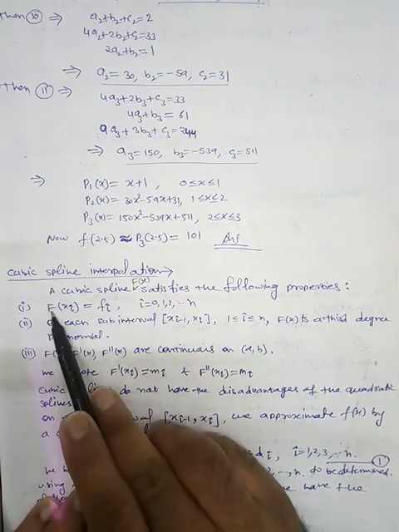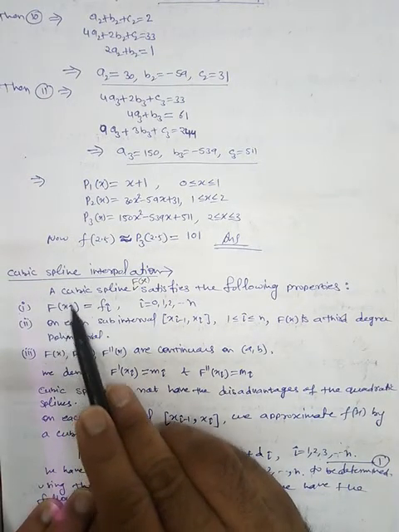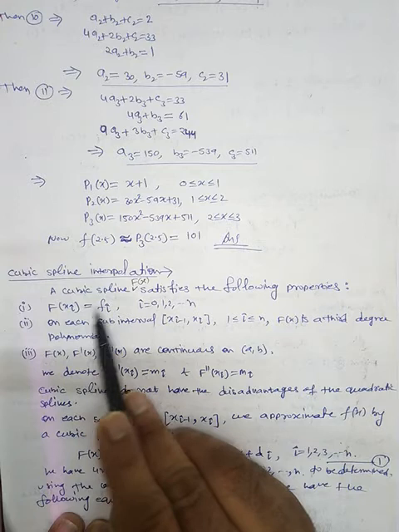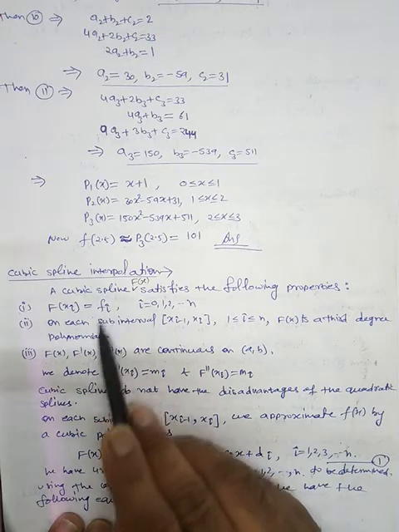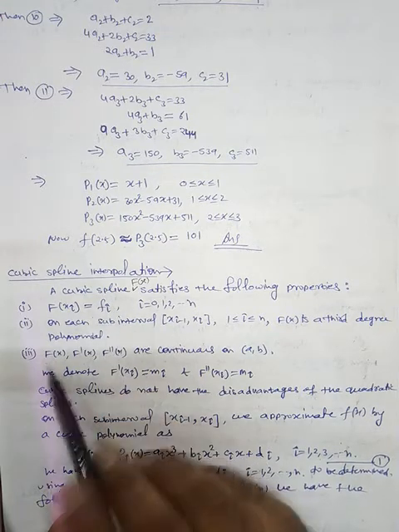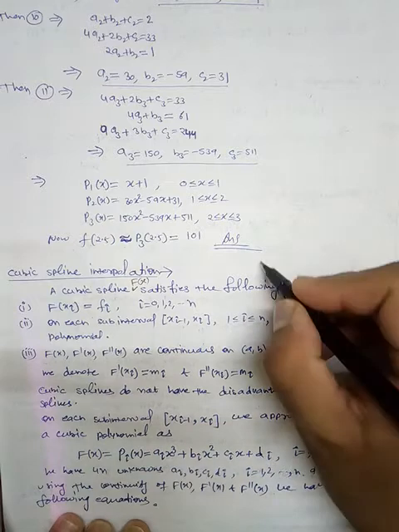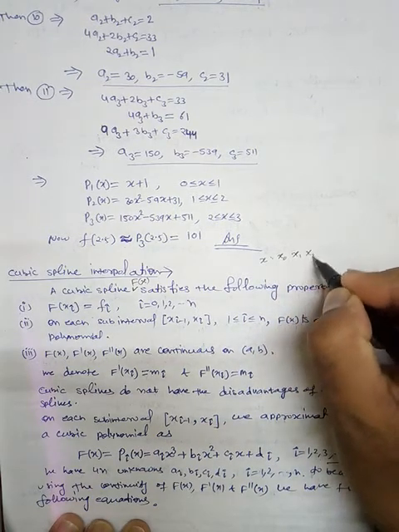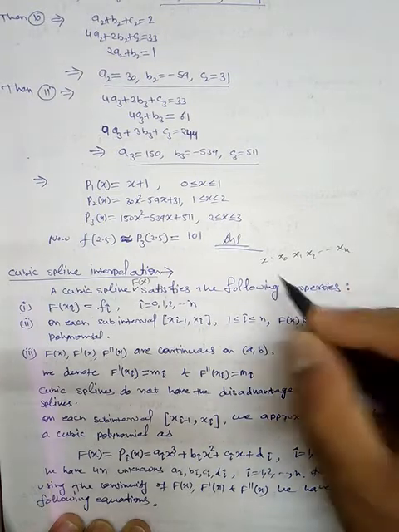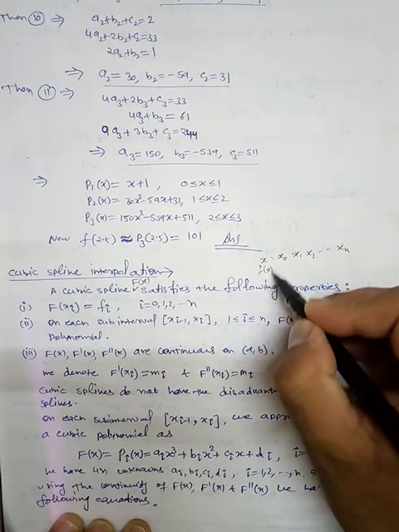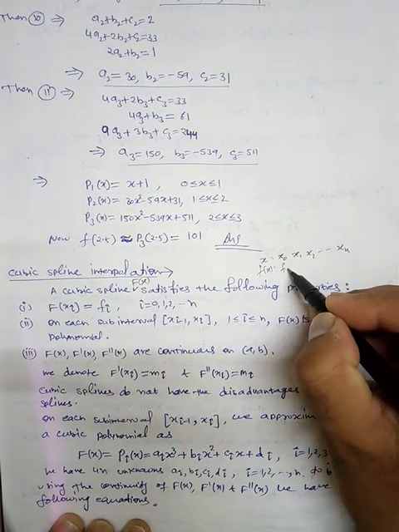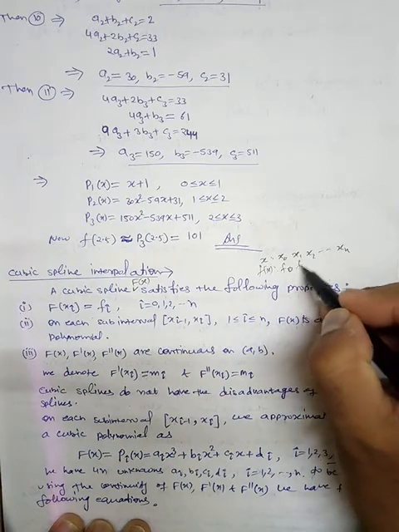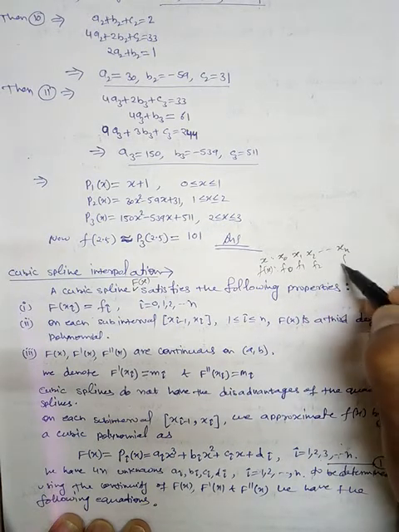Number one. F at any node point xi is equal to small fi. Small fi is basically the data value. That means we have data of this form: x0, x1, x2, xn, and the corresponding values of f of x are f0, f1, f2, fn.